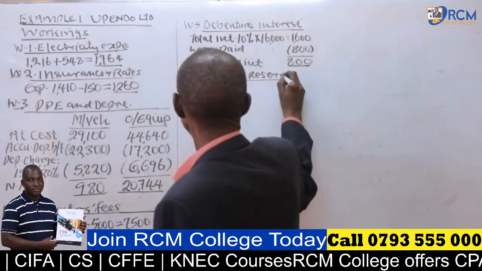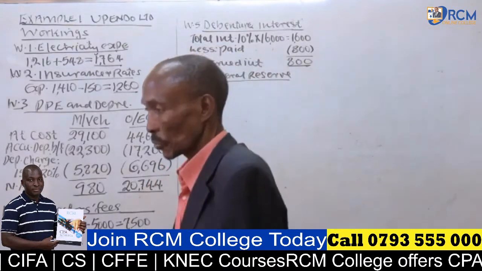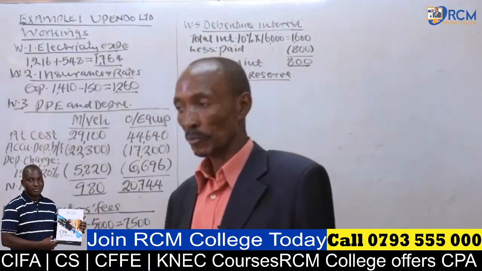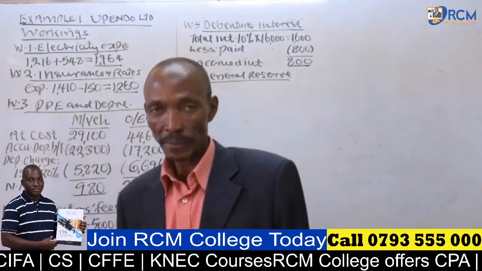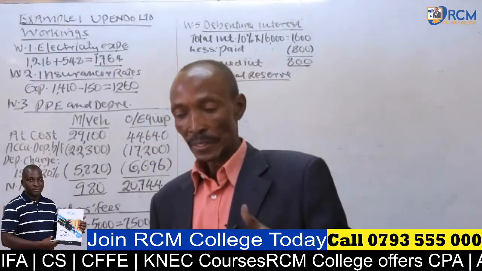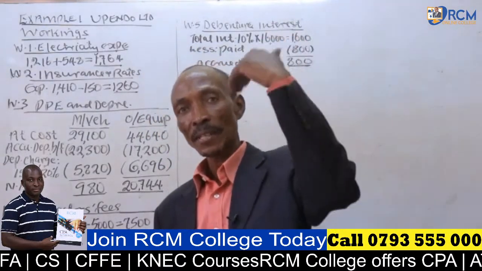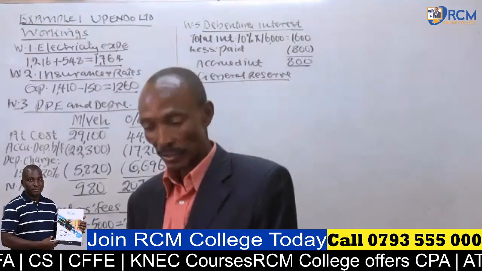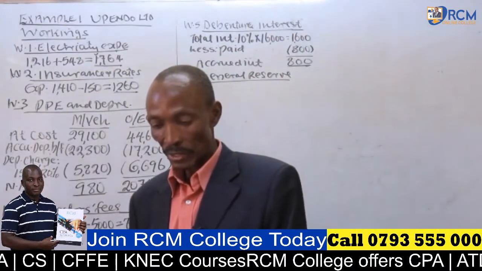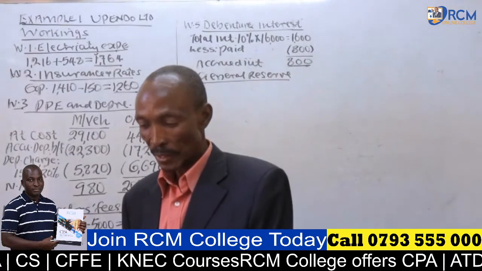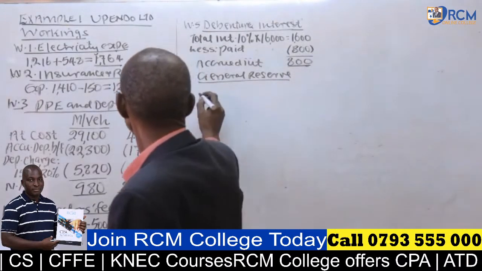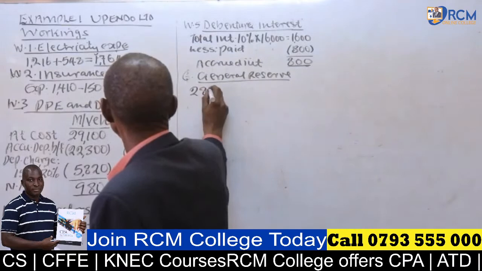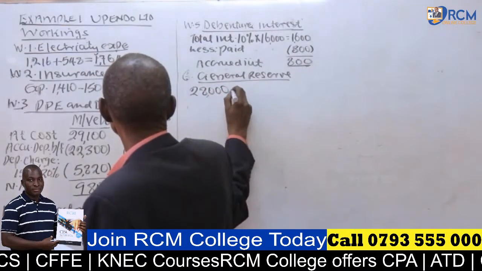This is a reserve for general purposes, and you build this reserve from profits. But first of all, the profits made are entered in the revenue reserve. Then from the revenue reserve, it's poured over to the general reserve. So the amount of general reserves given in the question was 28 million.